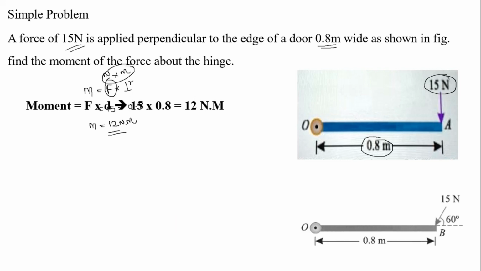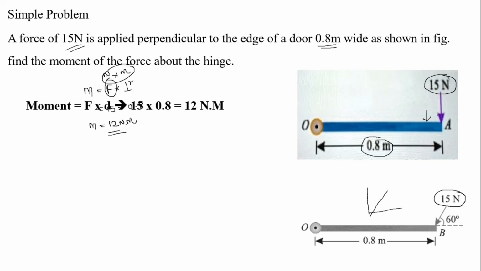Similarly, suppose instead of applying the force perpendicular to this door, we apply an inclined force of 15 Newton with an inclination of 60 degrees. Already we discussed that whatever the inclined force, we have to resolve it into two components: a horizontal component and a vertical component.